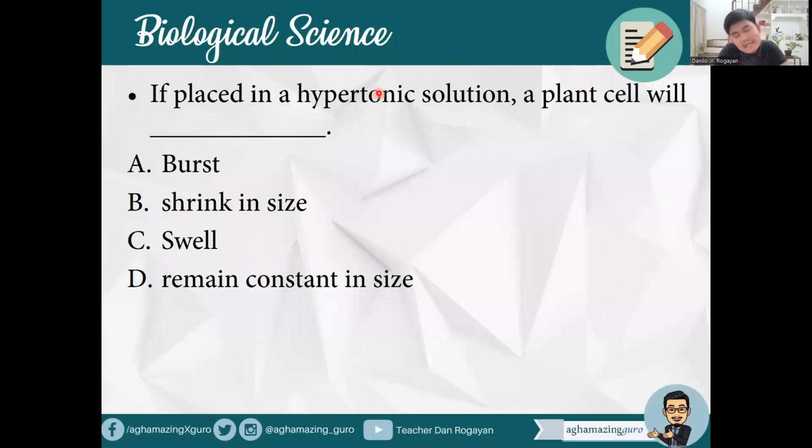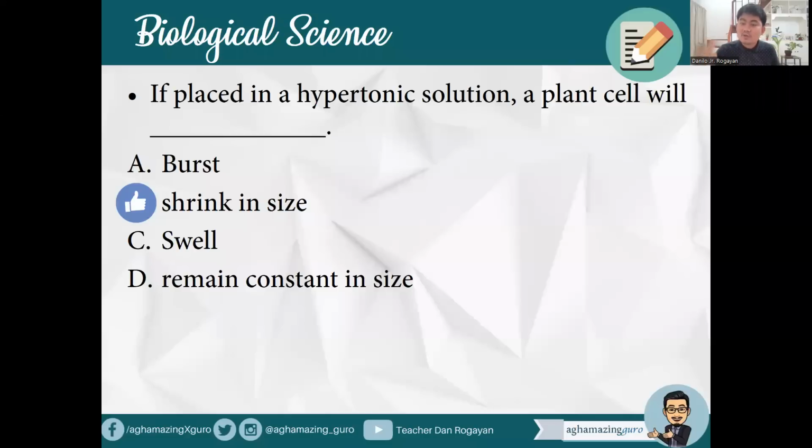Pag nalilito pa rin kayo sa hypertonic, hypotonic, pag may R, shrink or shrivel. So shrink in size is the answer. Pag burst or swell, A or C, we call it the solution, that is hypotonic solution. Pag equal, remain constant in size, anong tawag doon? Isotonic. Iso means equal.